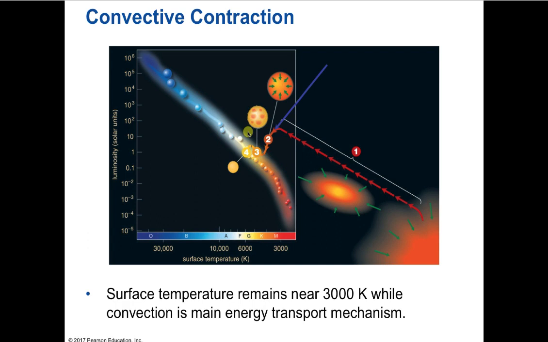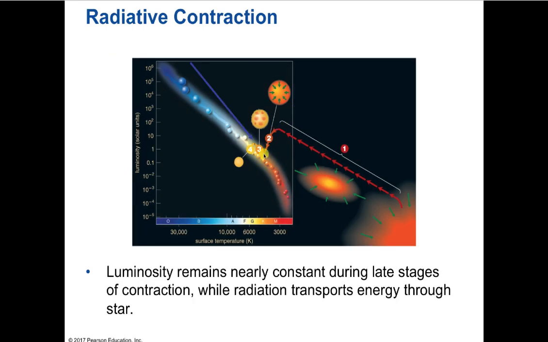The star continues to contract, so it's remaining roughly the same temperature, and it's getting smaller, so the luminosity is going down. And then at some point, the star gets hot enough on the inside so that atoms start to become ionized, and they can no longer absorb energy. Energy just travels to the surface as light, and it bounces around.